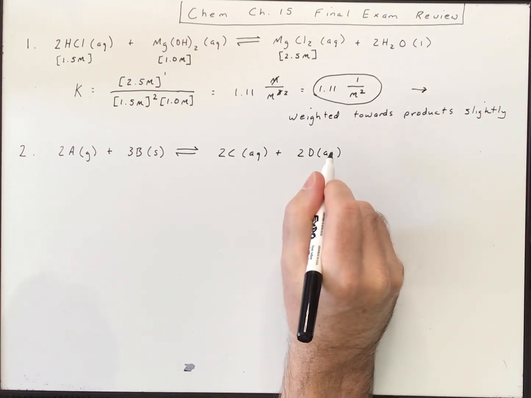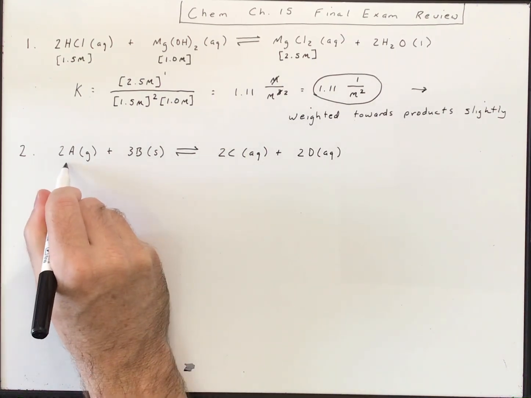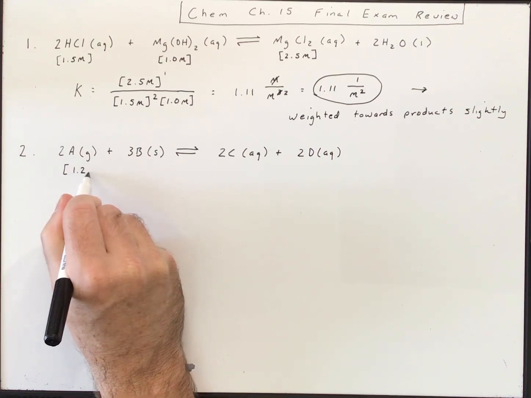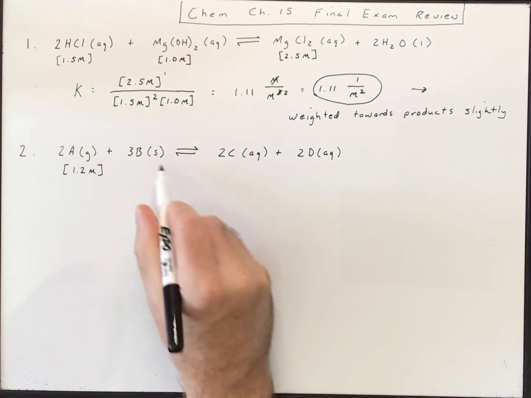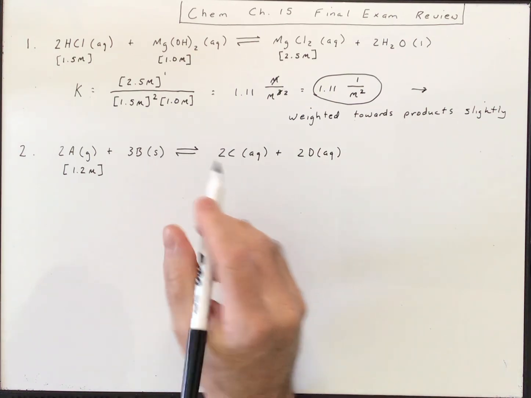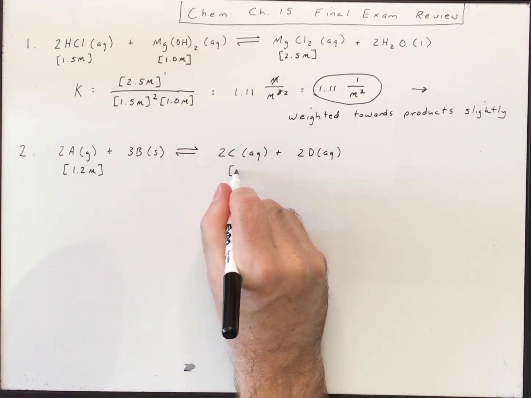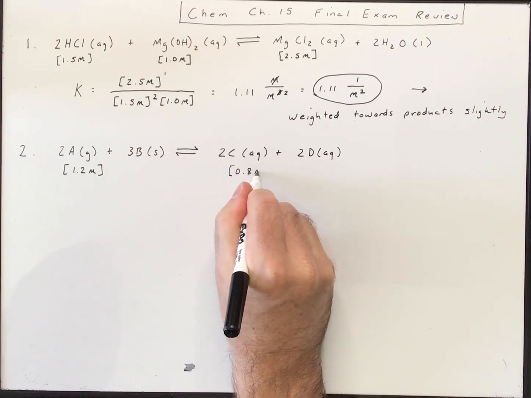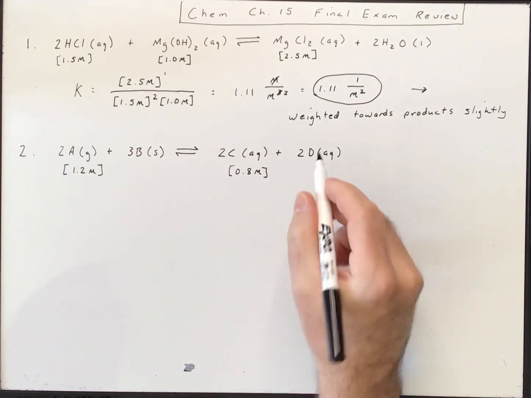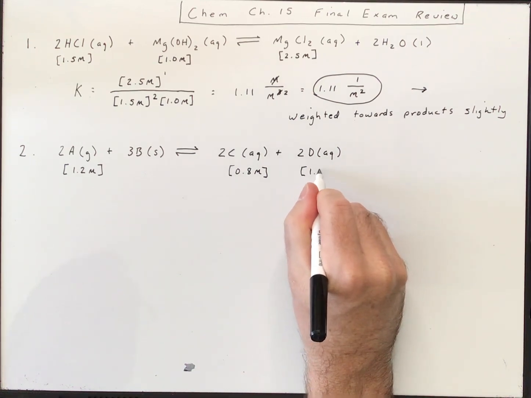So also aqueous. So I'm going to put underneath, so the concentration for A is 1.2 molar. For B, it's a solid, so we're not worried about that. For C, 0.8. And again, the brackets mean concentration. And then for D, 1.6.